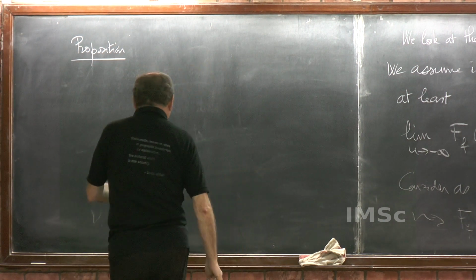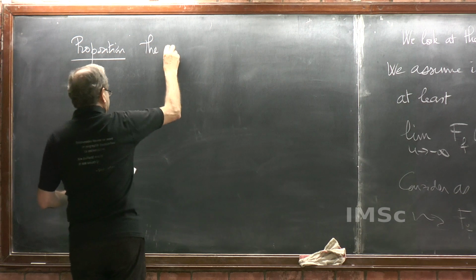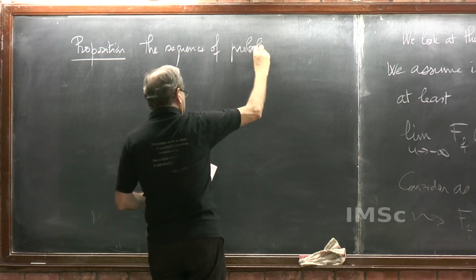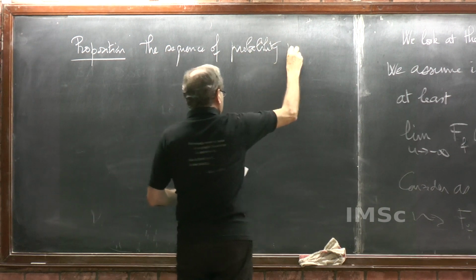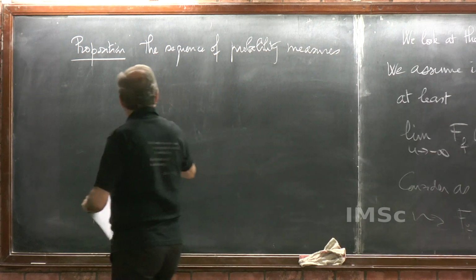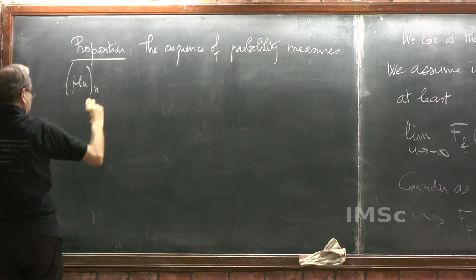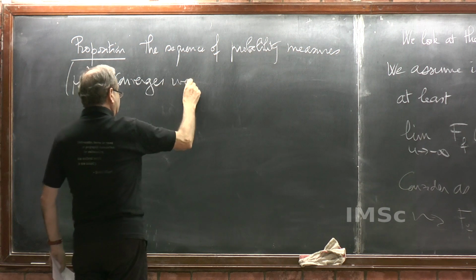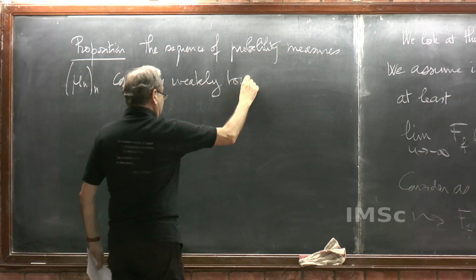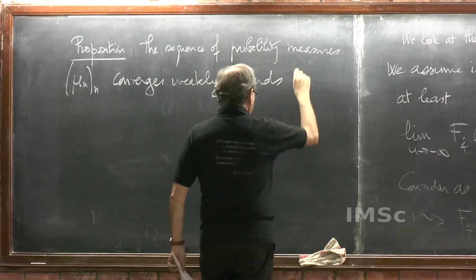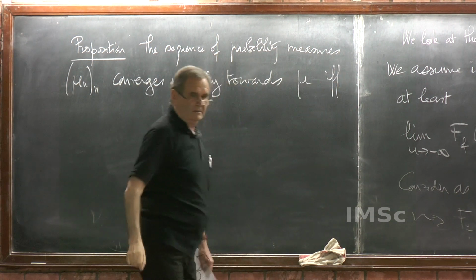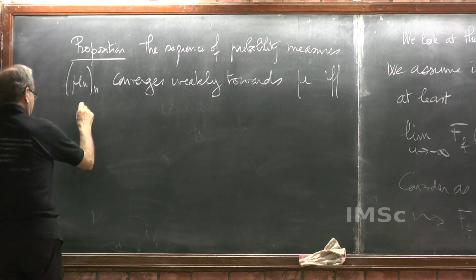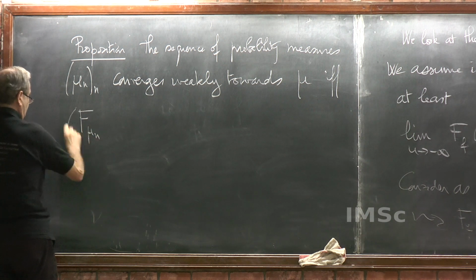You have the following, that the sequence of probability measures mu n converges weakly towards the probability measure mu if and only if you have the following, that F mu n, you know what this is?